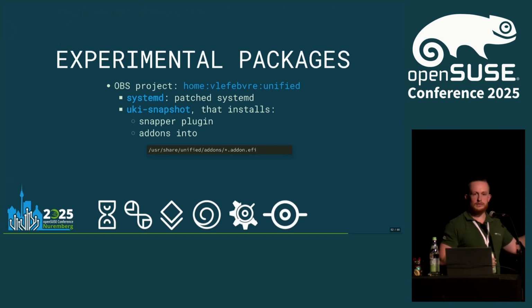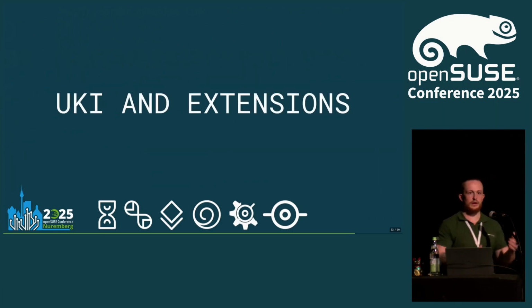And you will find the UKI snapshot package that will install for you the UKI snapshots and all add-ons into the corresponding locations. And if you install that, you will be able to have one UKI installed and multiple bootloader entries that each load just one add-on, where the goal is to boot one snapshot. That was the first experimental work.